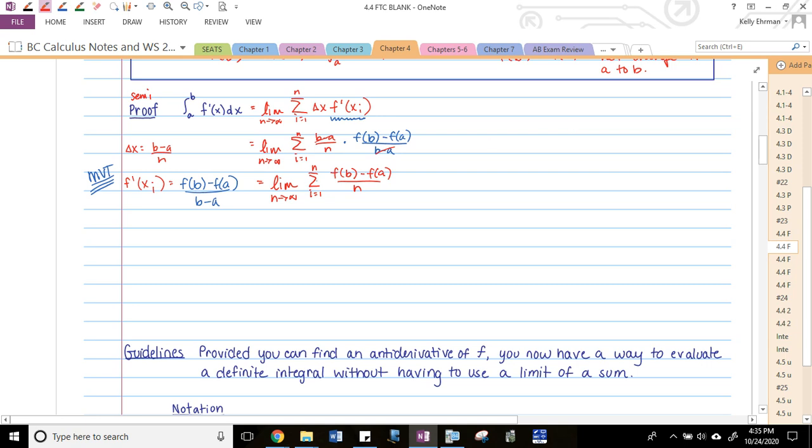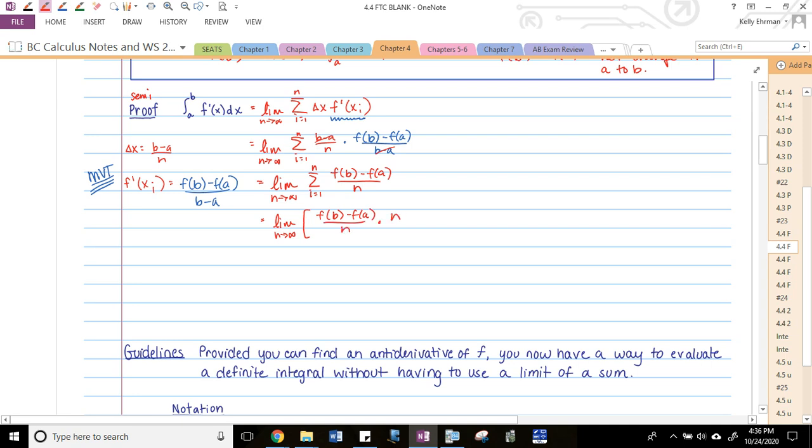So when I take the sum of this, I have to think about what this is. f of b is a function value, so that's a number. f of a is a number, divided by n, which will be a number. So this is a constant right here. My rule for summing up n terms of a constant is to write this as the limit as n approaches infinity of the constant, which is f of b minus f of a over n, times n.